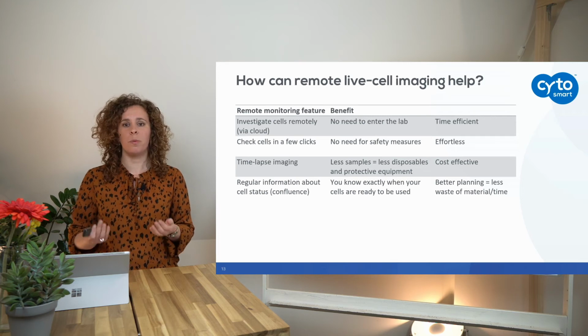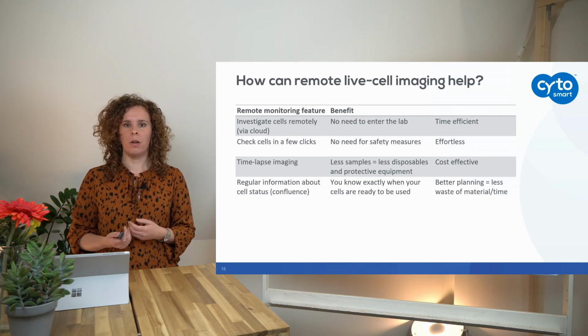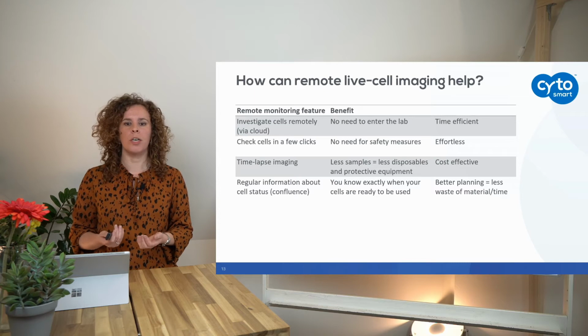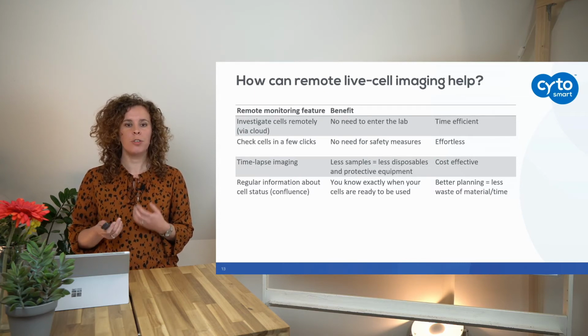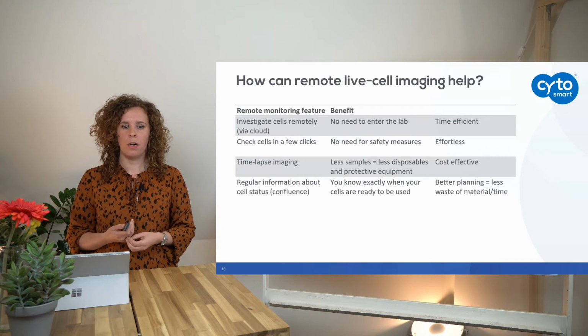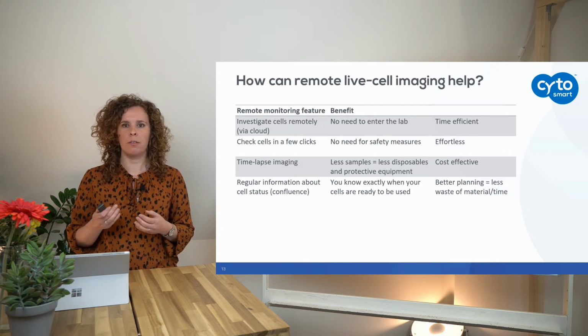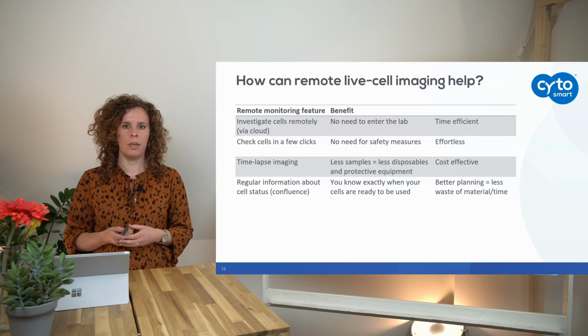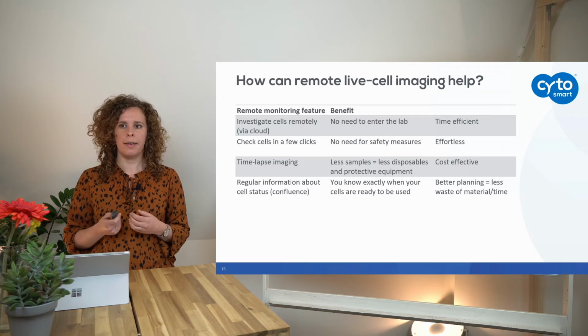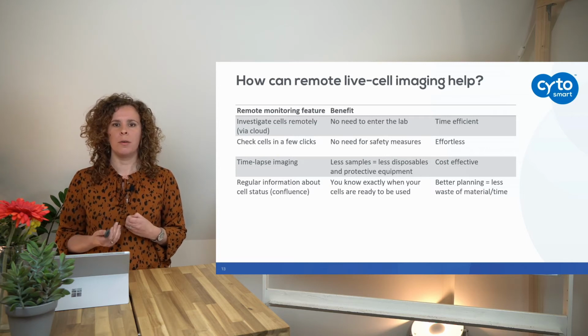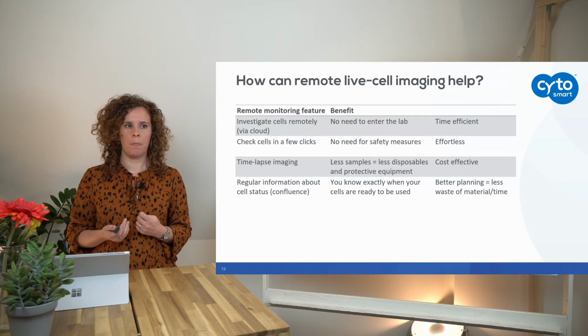This is especially important for people doing COVID-19 research at the moment because there's such a high pressure to find the right cure for this virus. People need to use every bit of time they have in an efficient way. So really gaining a lot of time using live cell imaging can help them out.